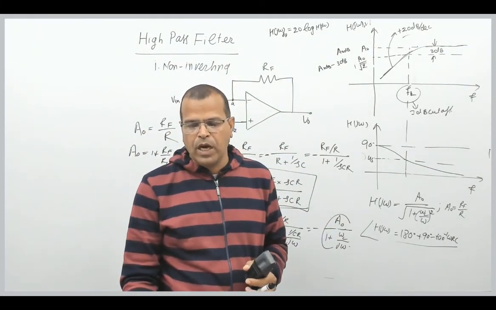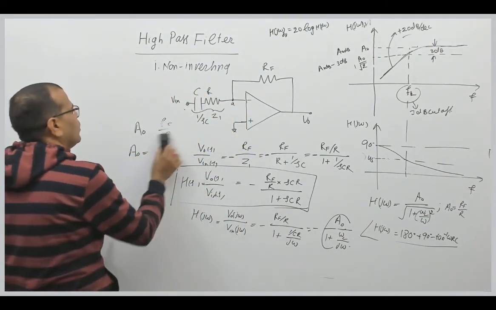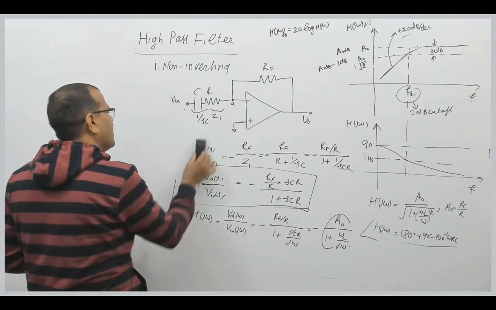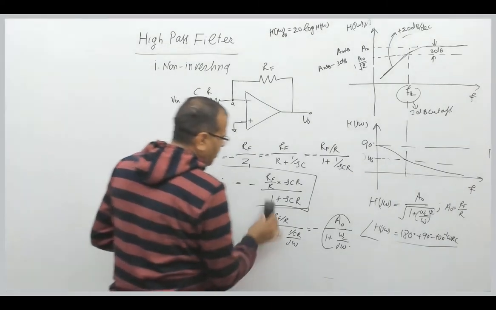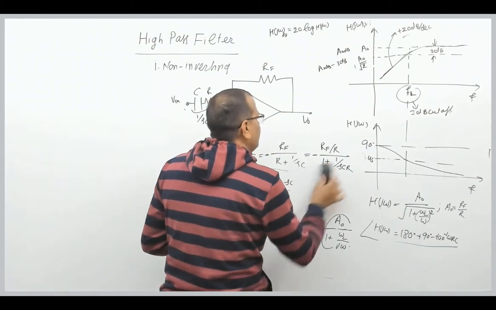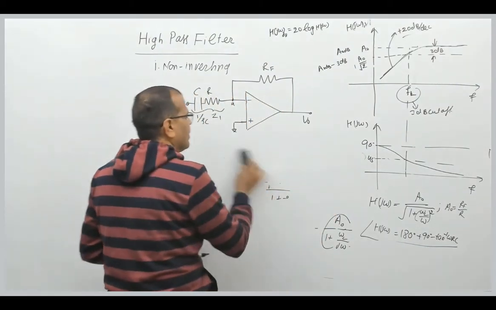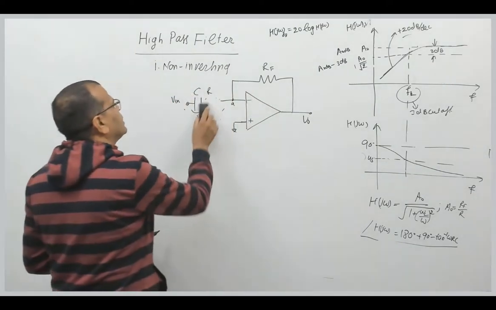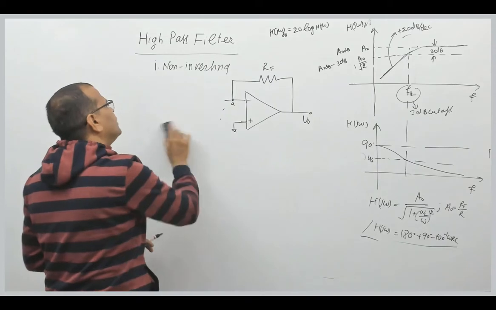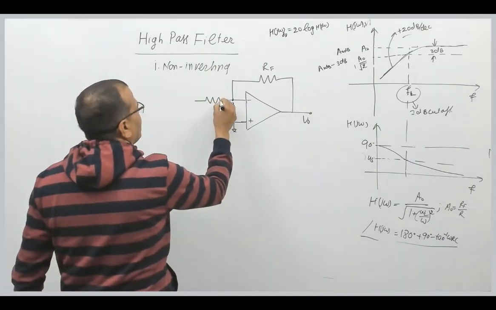Fine. Now let us talk about the second order high pass filter. In the case of second order high pass filter, we will be using only the non-inverting mode, since we have already discussed the first order high pass filter.